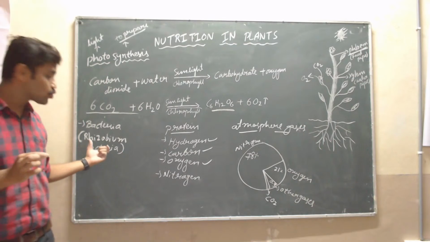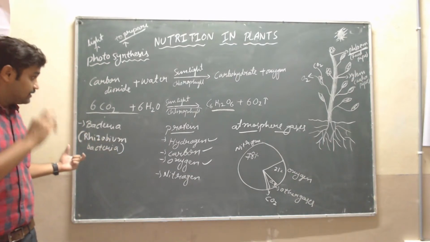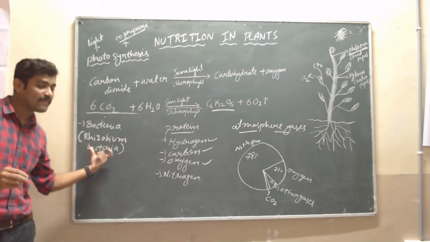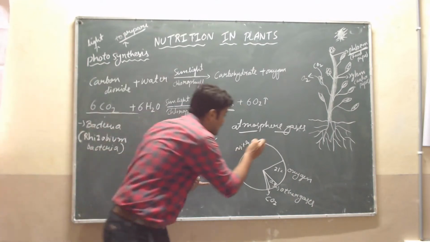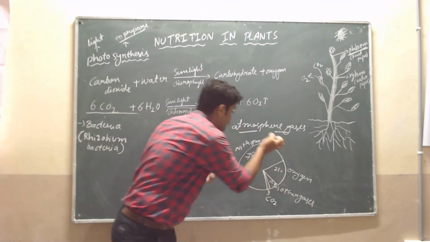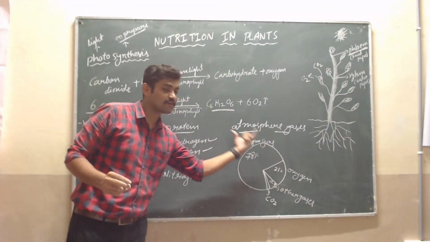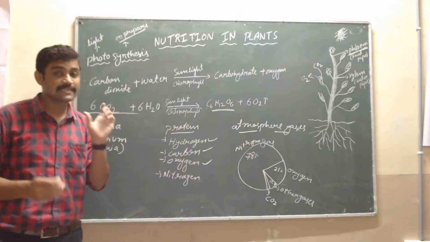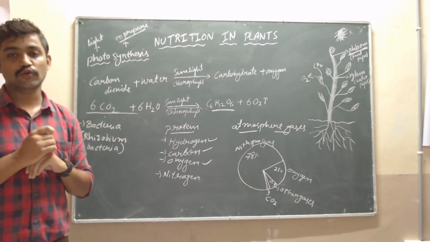It is present in the roots, in the soil. What exactly the rhizobium bacteria will do is convert nitrogen gas, which is in gas form, 78% in the atmosphere, into usable nitrogen.